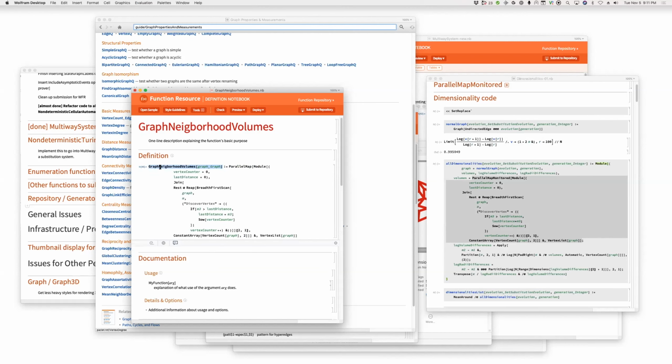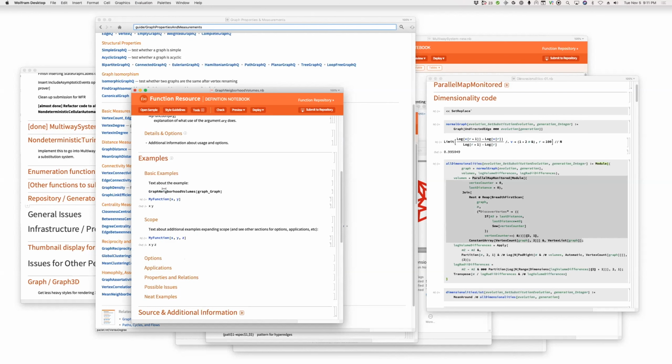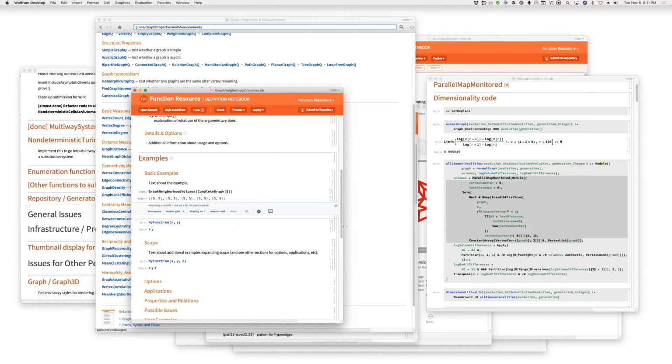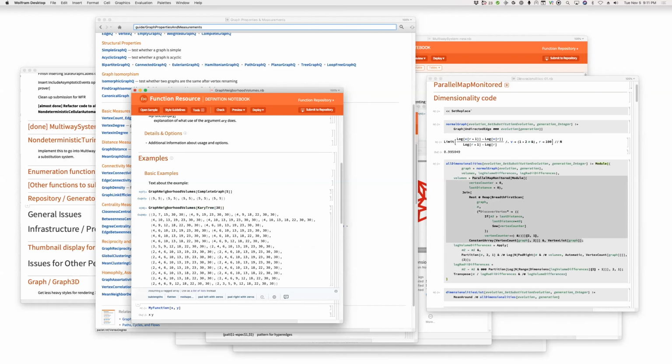So let's say graph neighborhood volumes of, got your favorite graph, just a complete graph, let's say. What's a good example? How about a K-ary tree? Okay, that looks extremely convincing to me.